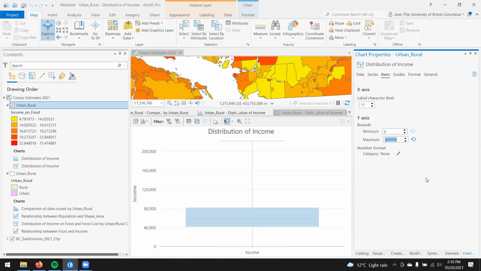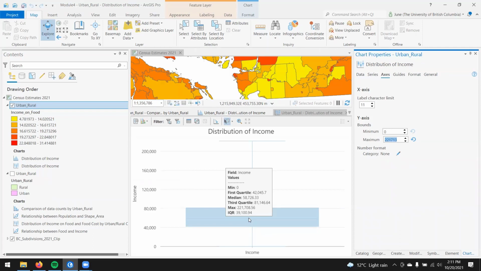What the interquartile range does, if you highlight over here, it shows you a bunch of different statistics. So the box plot shows the range for spread of values by the top tick mark and the bottom tick mark. So those are the maximum and minimum. But the actual box part here is the interquartile range.